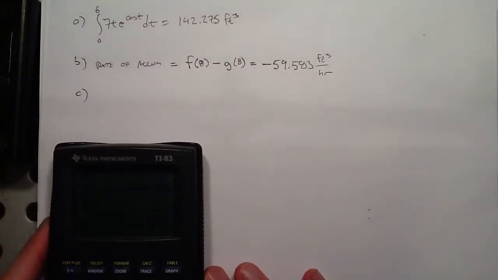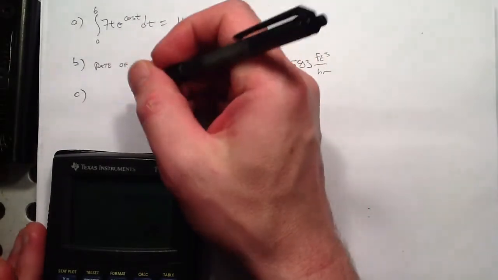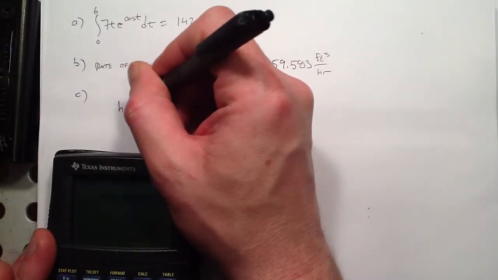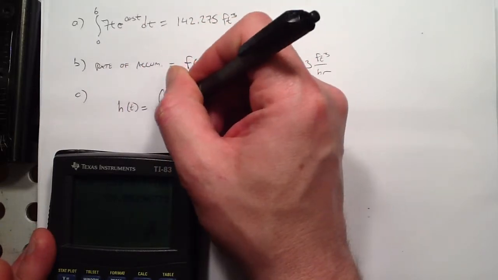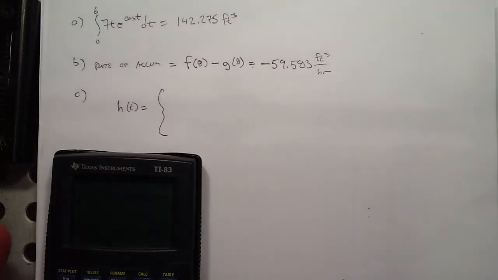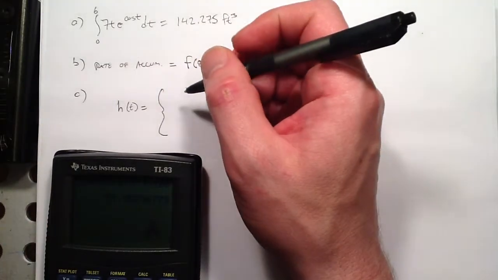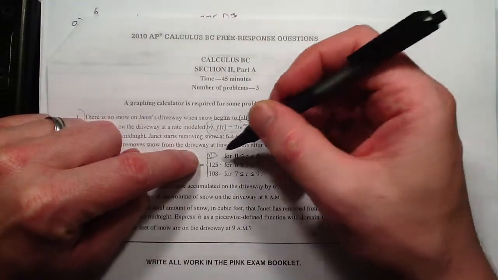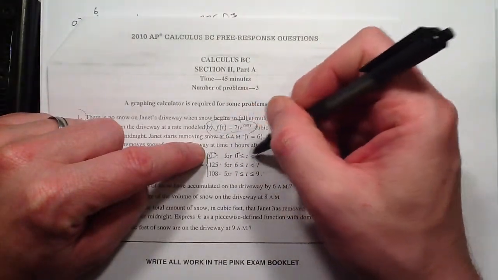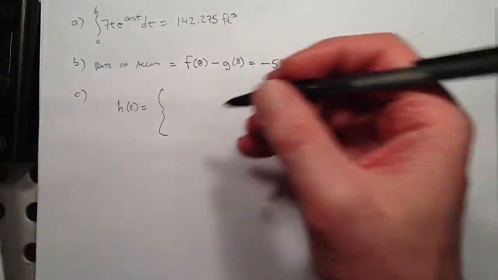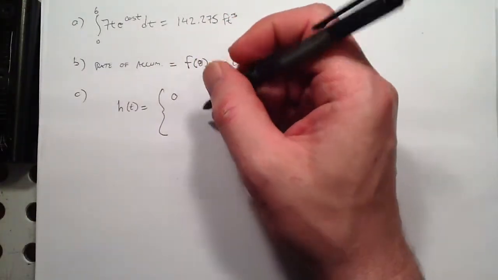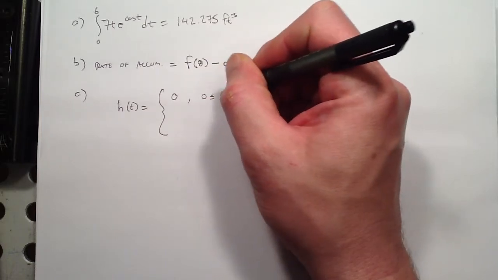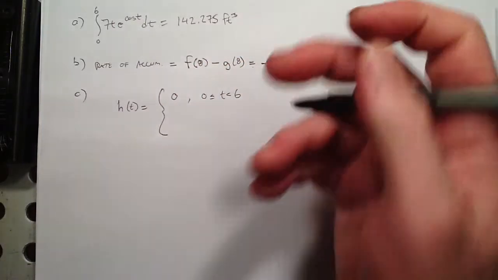So they want us to make a piecewise function h that represents the total amount of snow that she has removed from the driveway. All right, well look, from 0 to 6, she's not removing it at all. So she will not have removed any snow. So from 0 to 6, she hasn't removed any.